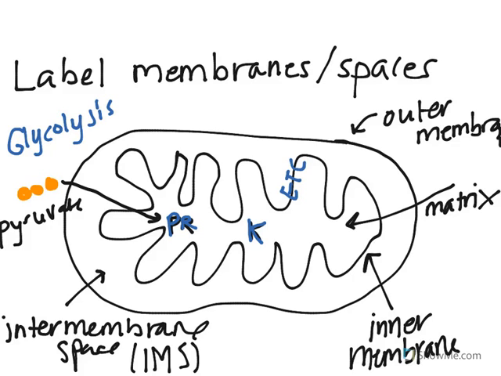So those proteins that carry that process out, they are transmembrane proteins. They are found in the inner membrane. This process of electron transport chain is when we are going to be pumping protons into this intermembrane space, building up a gradient, and those protons are going to come back down through a very special protein that we've already discussed, which is ATP synthase.